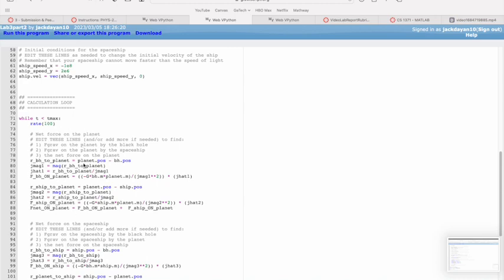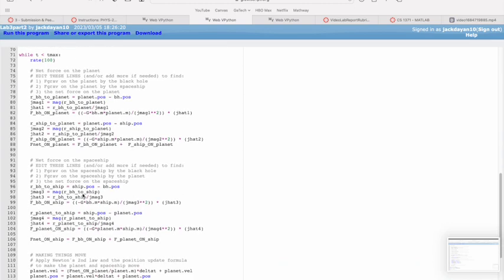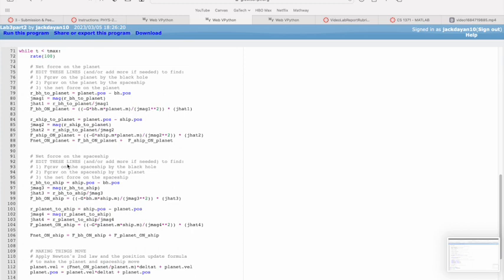So here first, for example, we determined the gravitational force on the planet by the black hole and the gravitational force on the planet by the spaceship, which by adding them up gave us the net force on the planet. As well, here we got the gravitational force on the spaceship by the black hole and the gravitational force on the spaceship by the planet. And by adding these up, we got the net force on the spaceship.